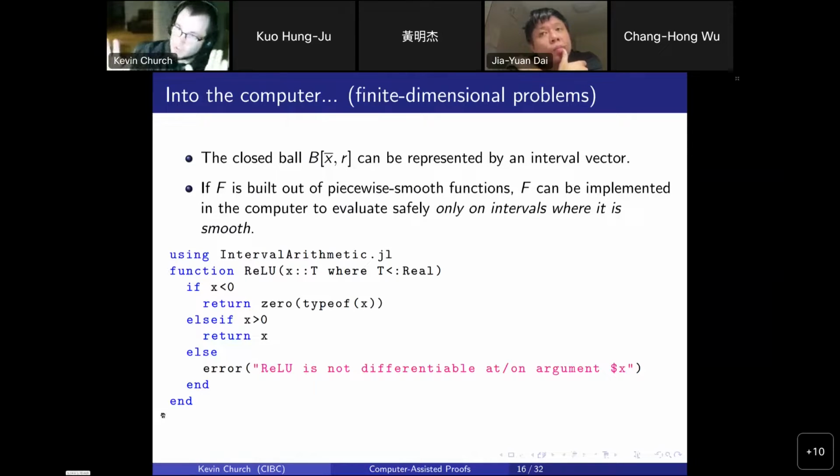I have not talked about interval arithmetic yet, but it is the key ingredient to make calculations on a computer rigorous. It's a methodology that allows you to rigorously track rounding errors in such a way that if you perform some operation, then the true value of performing those operations will always be contained in the interval that you get at the end.